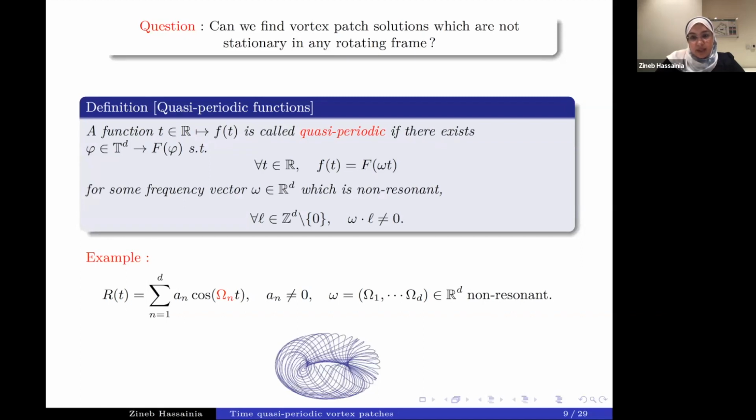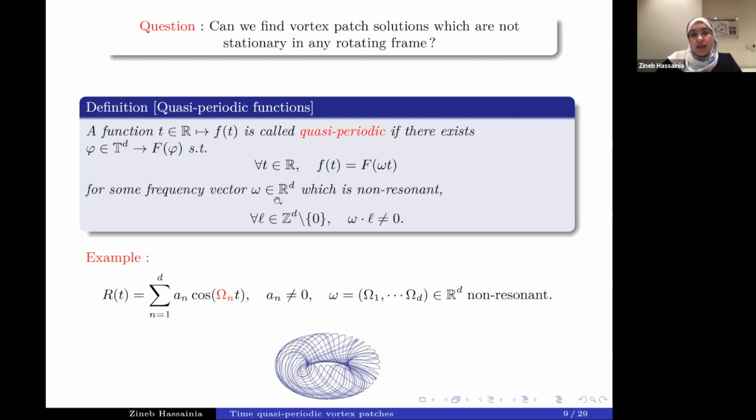So let me quickly explain what I mean by quasi-periodic solution. A function in some Banach space F is called quasi-periodic if we can find a frequency vector omega in R^d and some profile capital F, which is periodic in d variables, such that we can express our function in this way. For d equal to 1, this is exactly the definition of a periodic function.